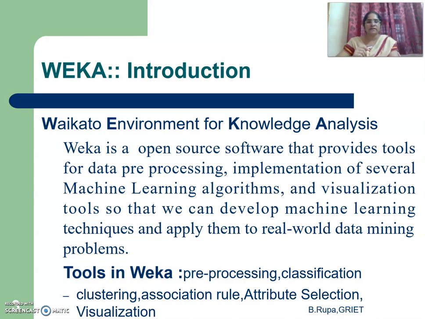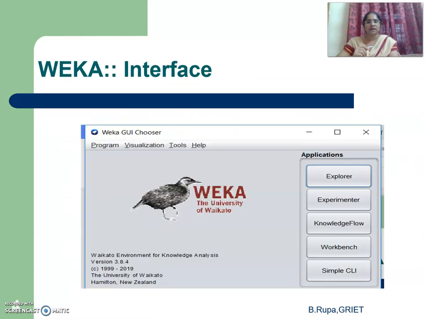The tools used in Weka are pre-processing, classification, clustering, association rules, attribute selection, and visualization. These are the tools available within Weka. Now we'll see the Weka interface. The Weka GUI contains the applications Explorer, Experimenter, Knowledge Flow, Workbench, and Simple CLI. Explorer is the environment for exploring data with Weka, and Experimenter is the environment for performing experiments and conducting statistical tests between learning schemes.